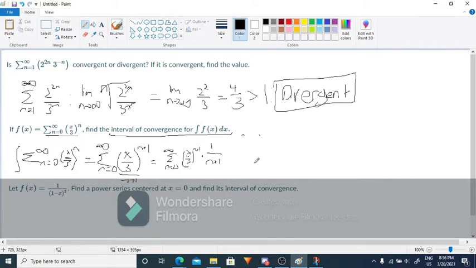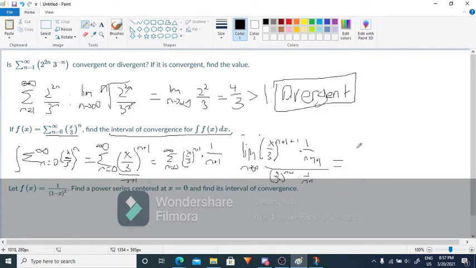So I will start this ratio test with the limit as n approaches infinity of x over 3 to the n plus 1 times 1 over n plus 1 plus 1, and then all over x over 3 to the n plus 1 times 1 over n plus 1.